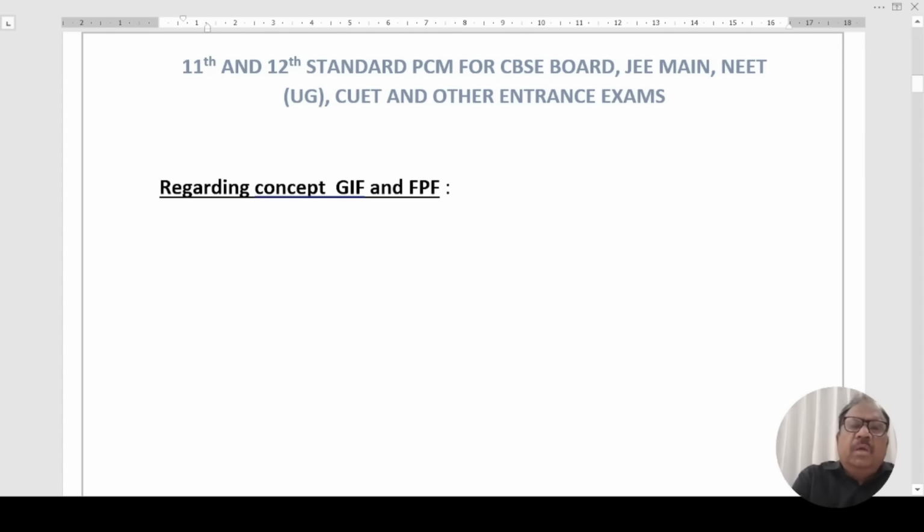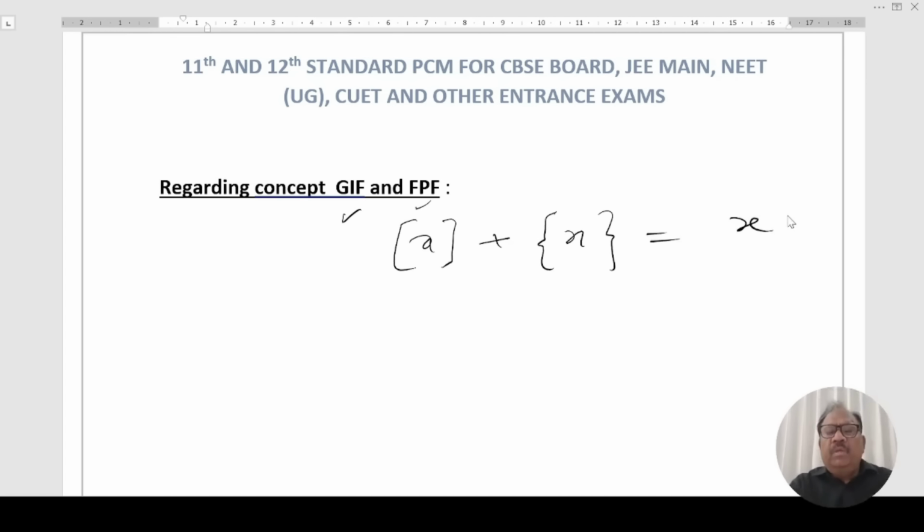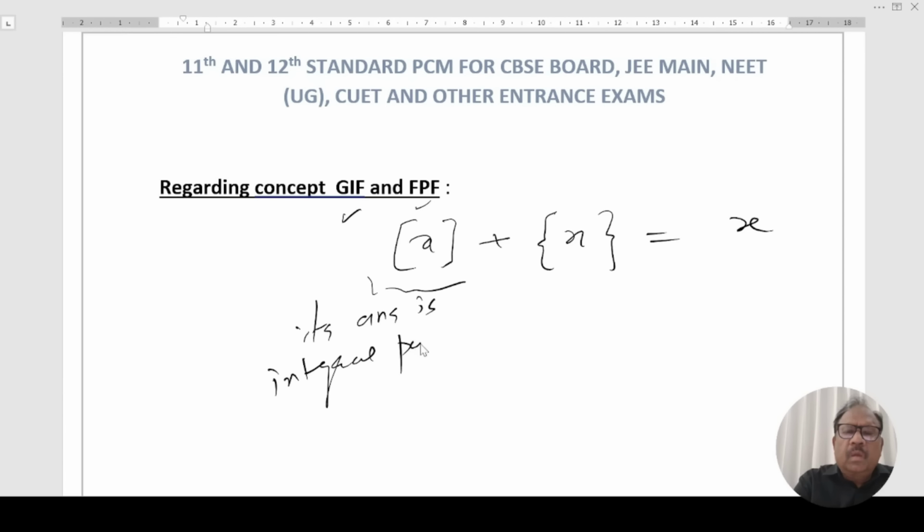Concept regarding greatest integer function and fractional part function. Greatest integer function is denoted by this box. Fractional part function is denoted by this one. The greatest integer function of x has as its answer the integral part of x.